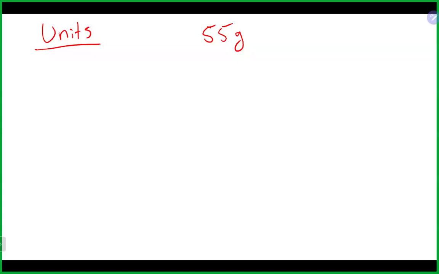We talked towards the end last time, there are really two types of units that we come across. One is the English units, which is what we use here in the US, and pretty much everybody else uses the metric system.